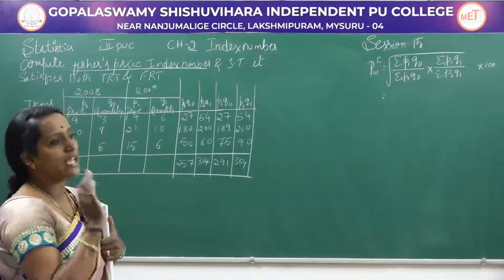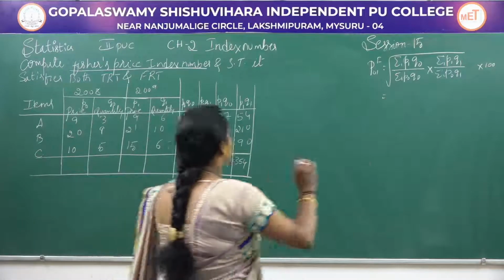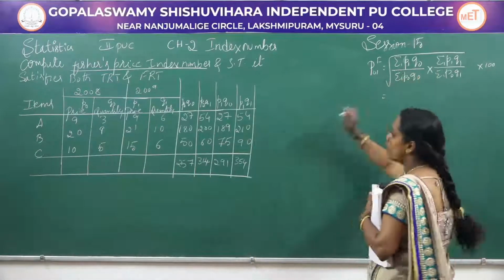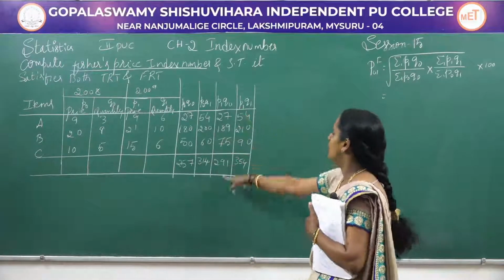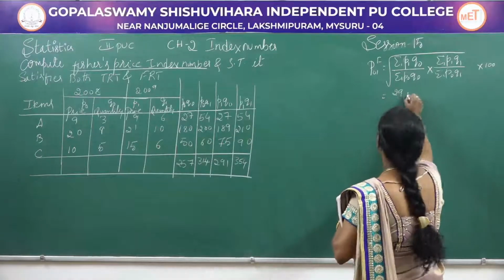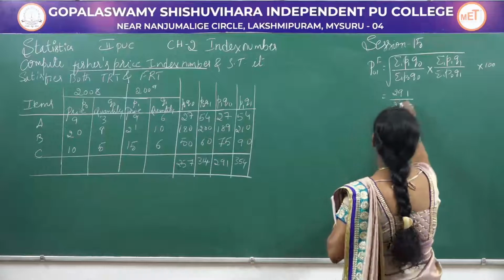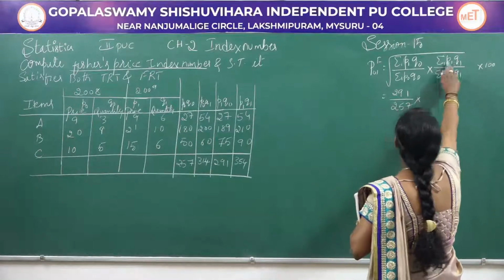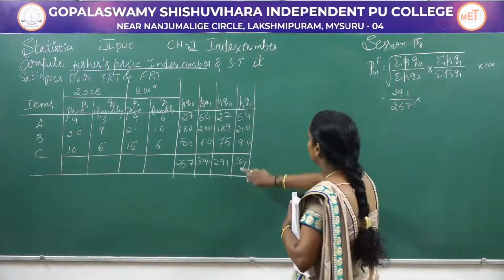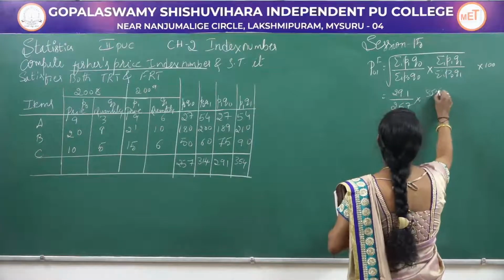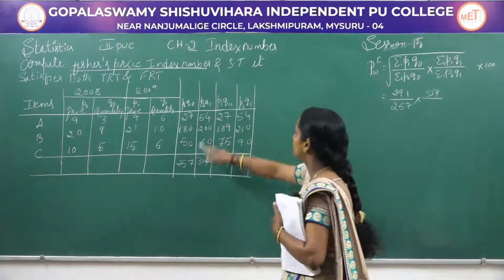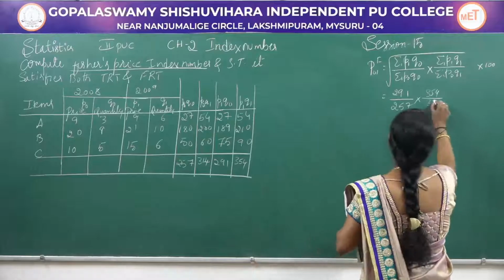Substitute the values in Fisher's formula. P1 Q0 is 291, P0 Q0 is 257, into P1 Q1, which is 354, divided by P0 Q1, which is 314.